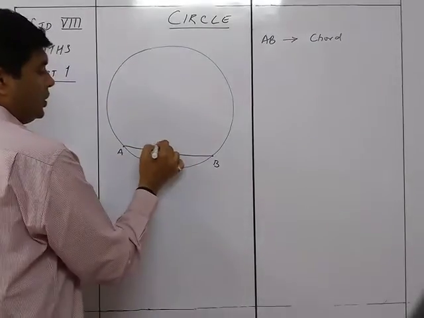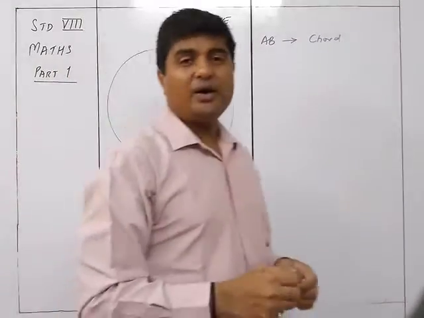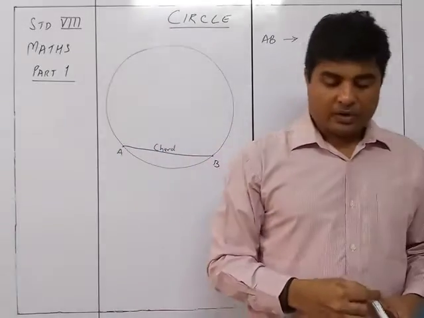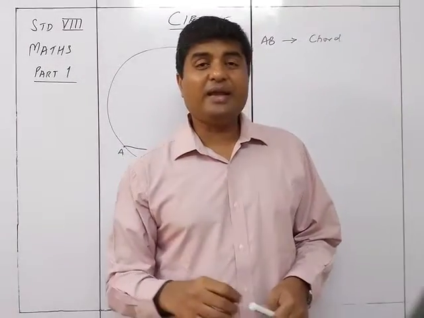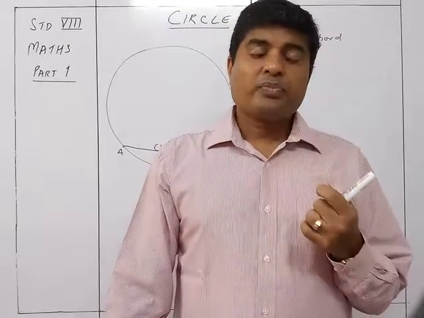Okay, this is the chord of the circle. So the chord of the circle is the line segment joining any 2 points on the circumference of the circle.